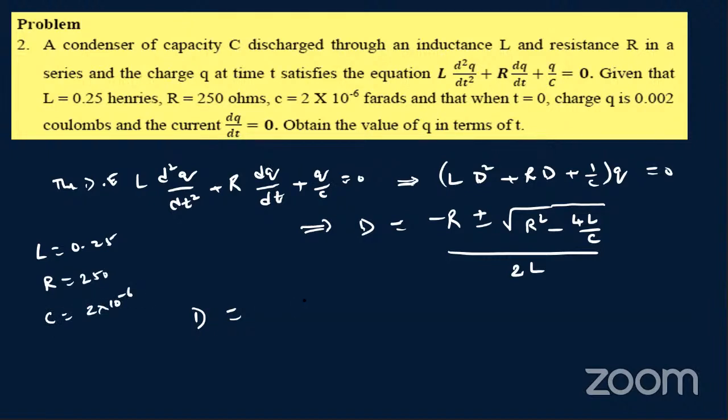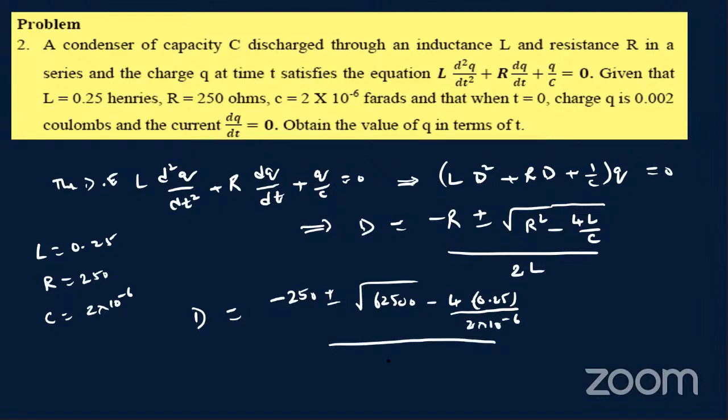So by substituting in this, I'll be having minus 250 plus or minus square root of R square, 250 square means it comes 62,500, minus 4 into L, L means 0.25, by C, C means 2 into 10 to the power of minus 6, whole by 2 into L.